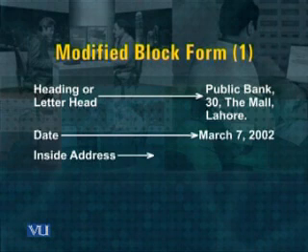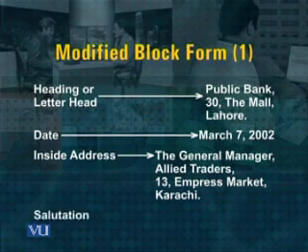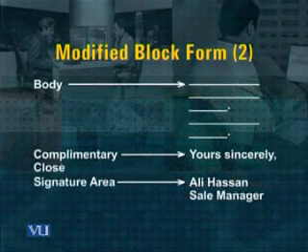Similarly, if you look at the inside address, we have again punctuation at the end of each line, and a full stop is put at the end of the last line that shows either the city or the country. And there comes a comma after the salutation and a comma after the complementary clause.